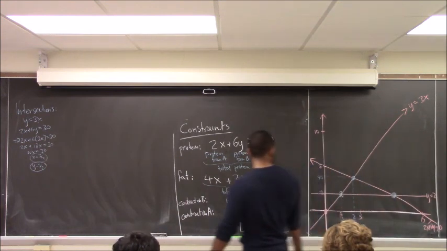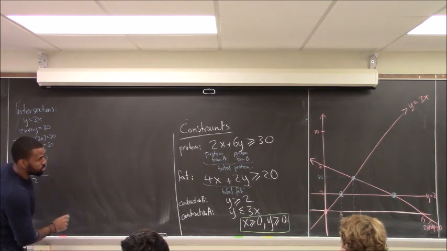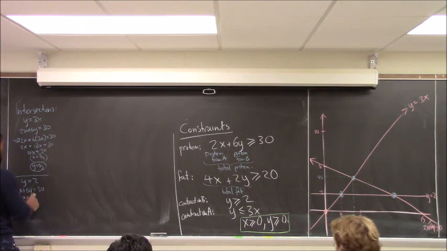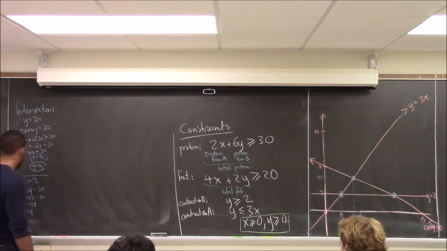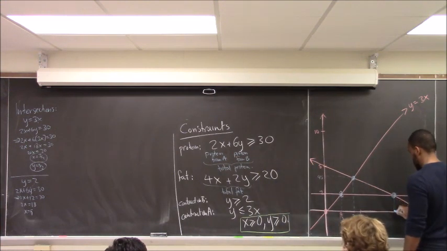Let's find this one. Y equals 2 intersected with 2x plus 6y equals 30. Again, I can just plug in the 2 here. This means that 2x plus 12 equals 30, so 2x equals 30 minus 12. It's 18, so x equals 9. There's 9.